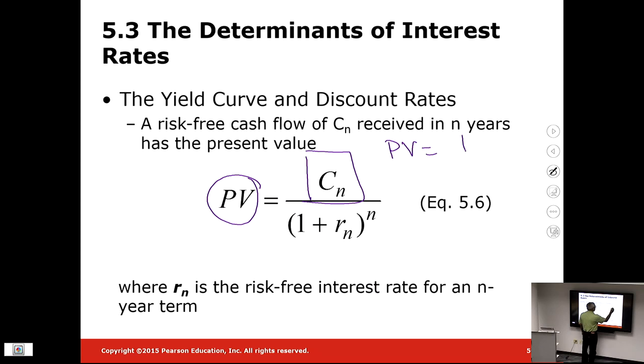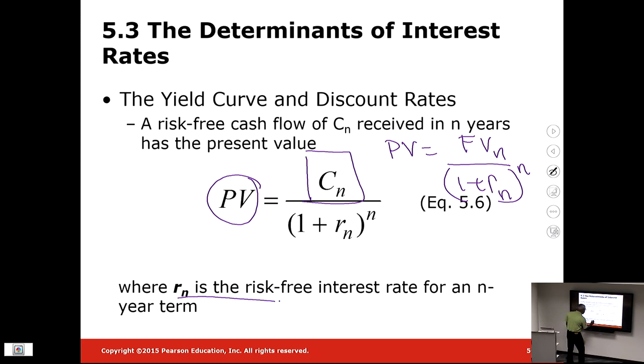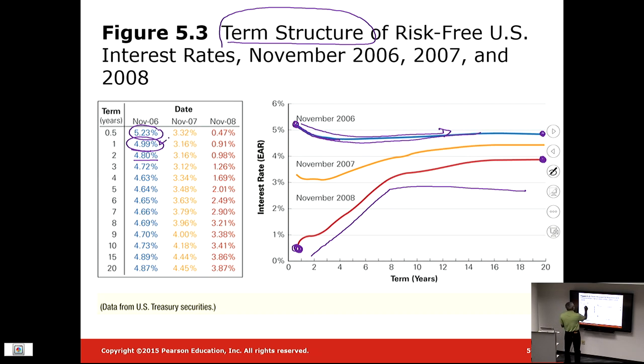Present value is future value in period n divided by 1 plus the interest rate over that n period raised to the power n. So Rn is the risk-free interest rate for an n-year term. So for a 1-year term, that Rn is 4.9. For a 5-year term, that Rn is 4.64.